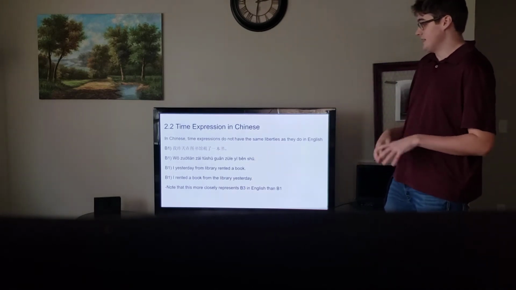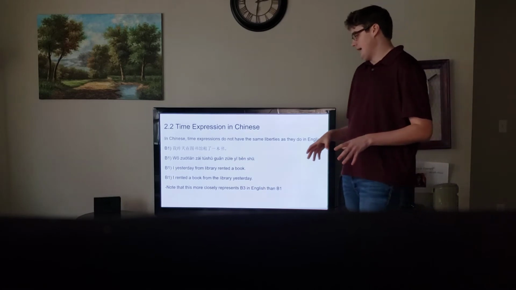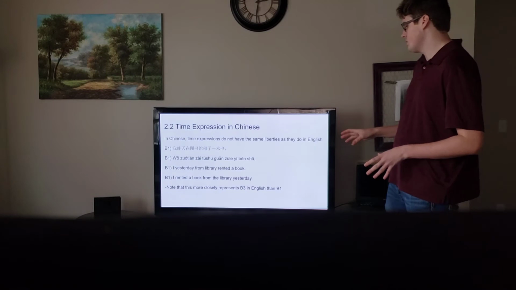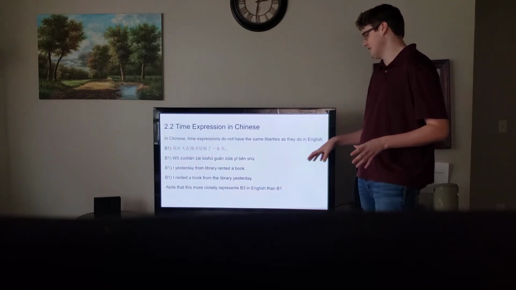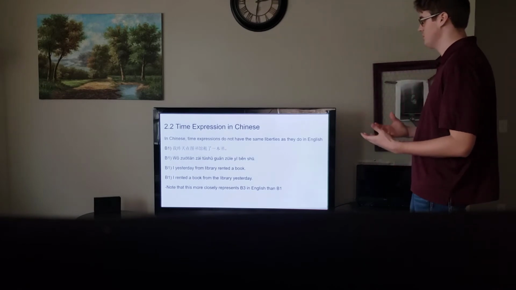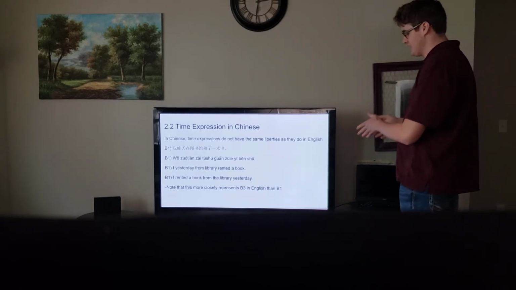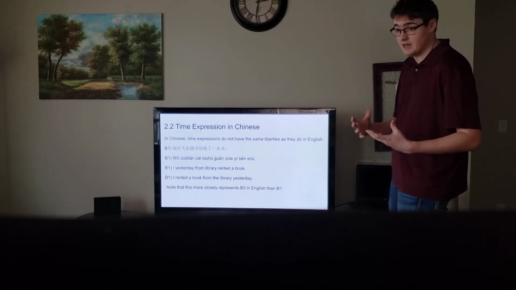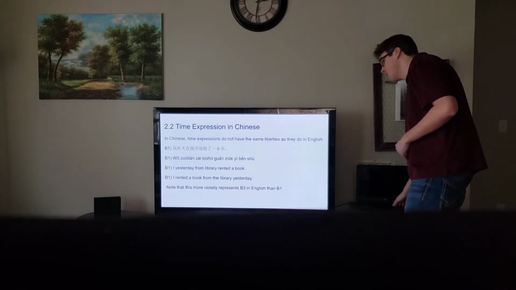This would be grammatically correct in Chinese, and if you take a closer look at the sentence, you can see it more closely resembles the English sentence B3 than B1, which is not what we would assume if we were just taking all three sentences and looking at them directly as far as a direct translation.